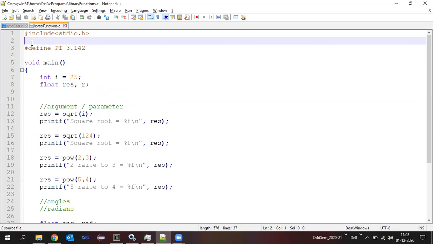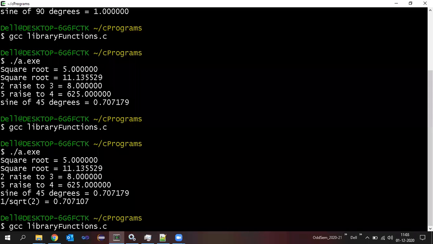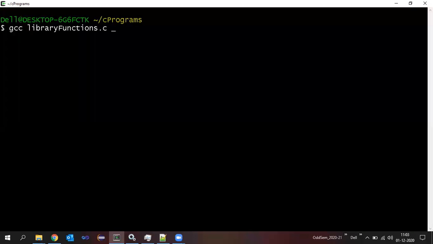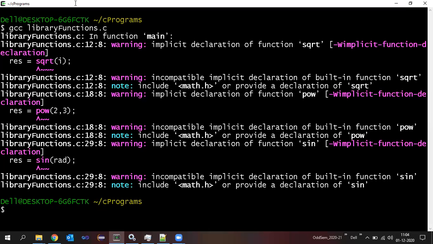I just removed, that is deleted, the math.h header file. And now if I compile the program, let's clear the screen. If I compile the program, see here, we are getting all these warnings. It says SQRT, power, sine, these are not there.